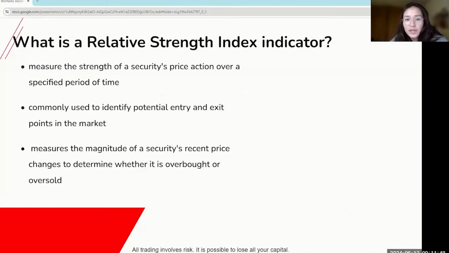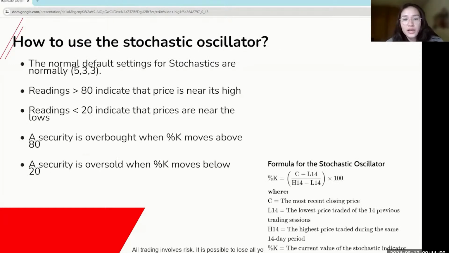Now let's talk a bit about its closely related cousin, which is your RSI. Oh, I also wanted to mention earlier that your stochastic oscillator is a momentum indicator, but it doesn't provide information about the direction of the trend.